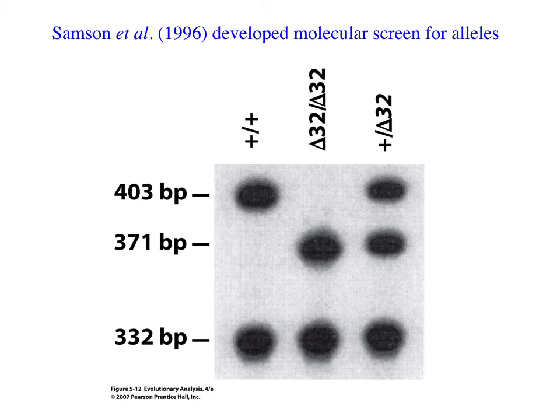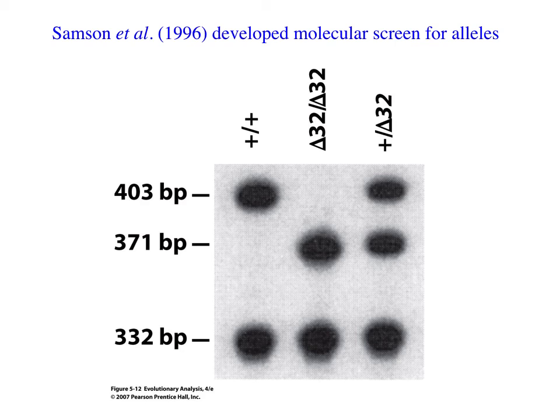If those were the only two bands you got on your gel, that would tell you that that individual has the wild type gene at the location of that gene on both of their chromosomes. If you look at the middle one, that's the delta 32. After exposing it to the restriction enzyme, you would have a fragment that is 371 base pairs long and one that is 330 base pairs long.